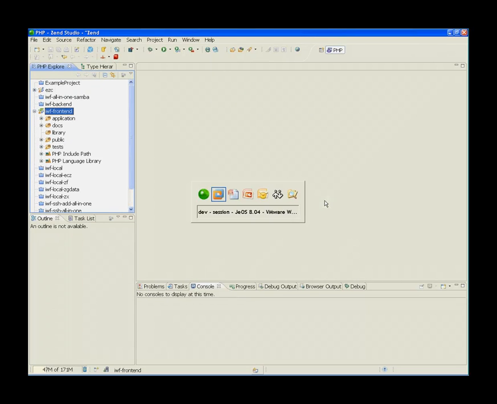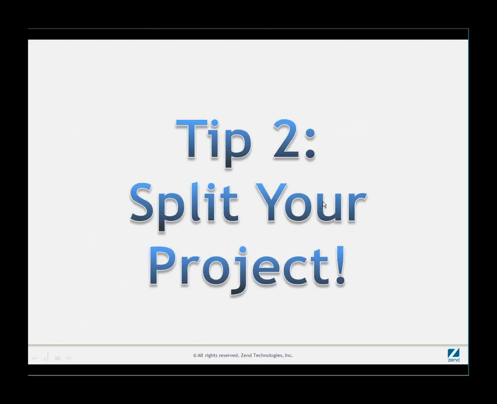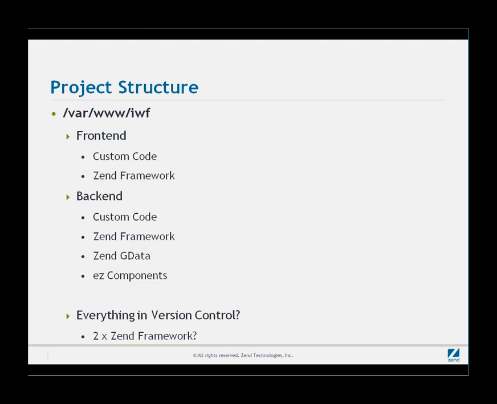Let's continue. Basically, the next tip is to split your project up. Of course, working locally is the biggest thing that you can do, but what you can also do, and unfortunately I'm probably not going to be able to demonstrate it because of the technical problem, but fortunately I got there previously, is take your project and split it up into various Studio projects, because it really doesn't make sense to have Zend Framework within your main project, because you're never going to be modifying that code, so why have Zend Studio parse it?